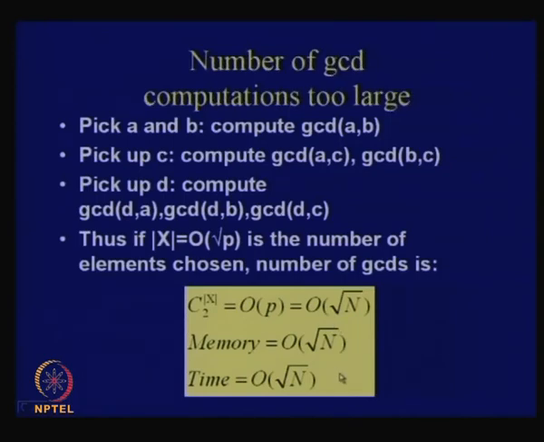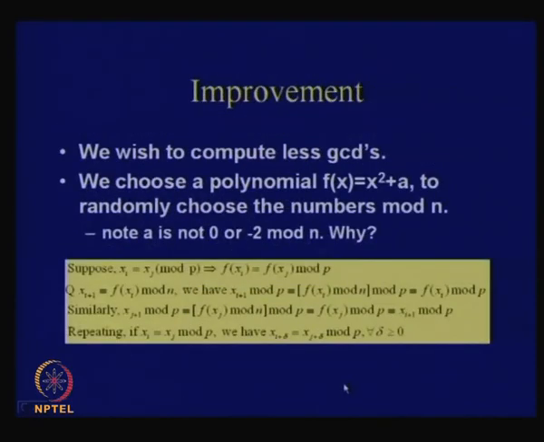The memory is still order square root, and the time is also still order square root, right. So, we need to do something better than this. There are some improvements that we will discuss. The main objective is that we have a fairly good idea to find the factors, but we still need to compute fewer GCDs and do our job.